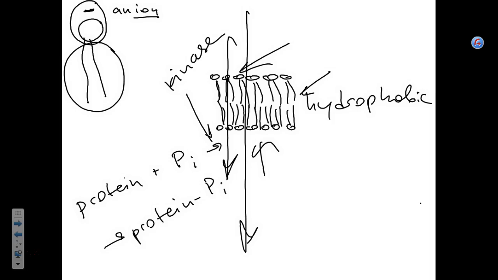Before we move on, is that understood? Why do I pay so much attention to it? This works like a switch. Phosphate is negatively charged. You add phosphate to a protein molecule, and the protein molecule changes its shape. Does that make sense?